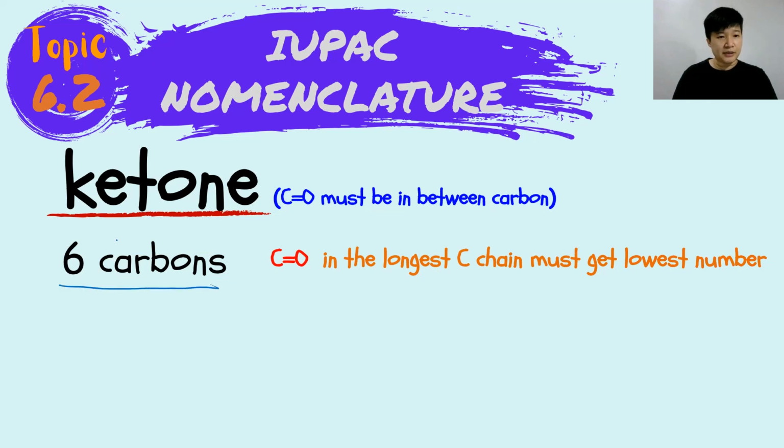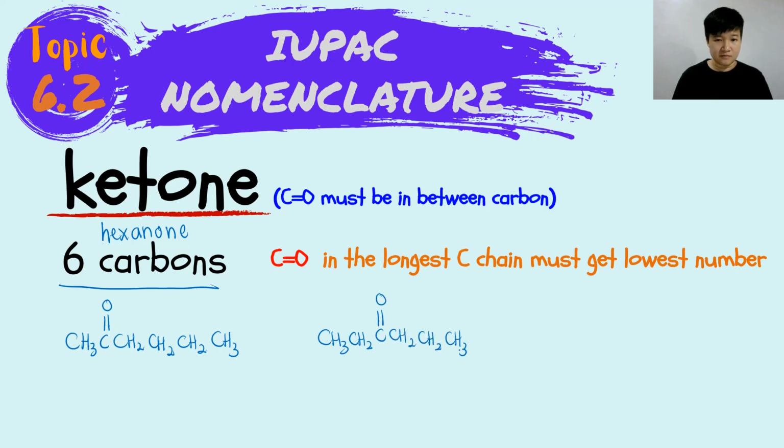Your 6-carbon ketones are all hexanone. Let's see the numbering. The first hexanone will be this, the second hexanone can be this, and can we still move the double bond? No, because you will still get the same number. What would be the name of this hexanone? 1, 2, 3, 4, 5, 6.